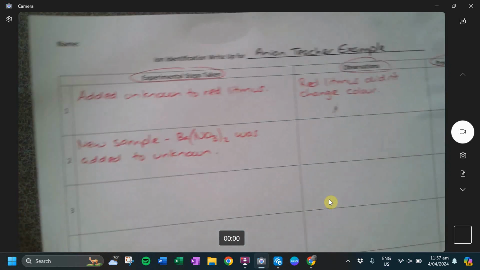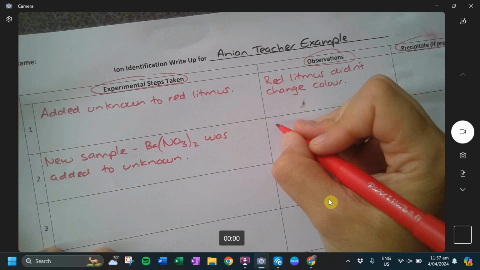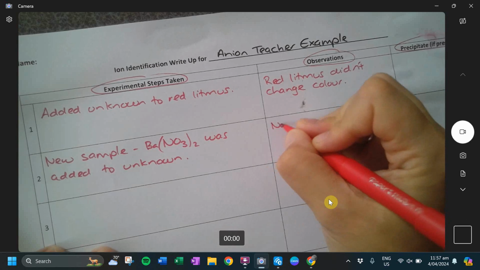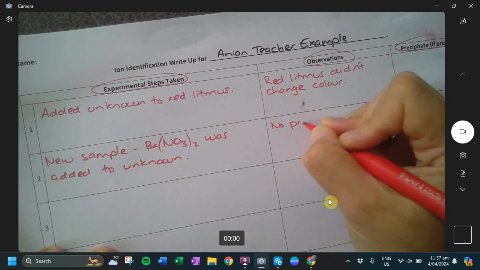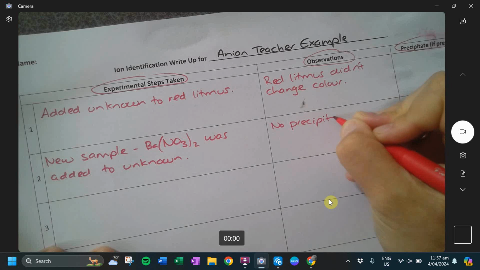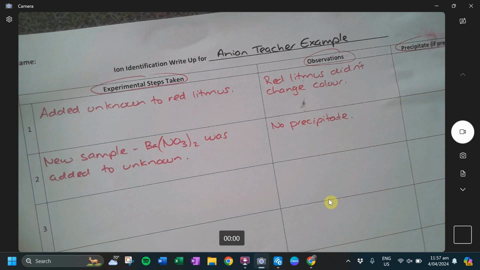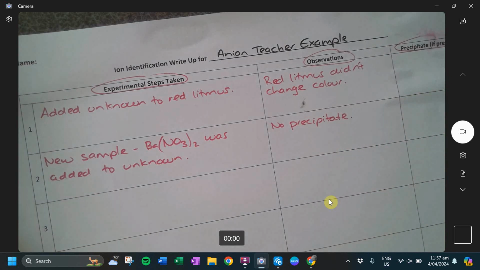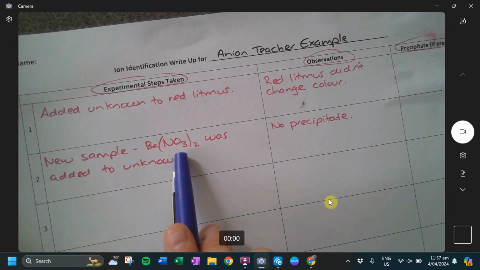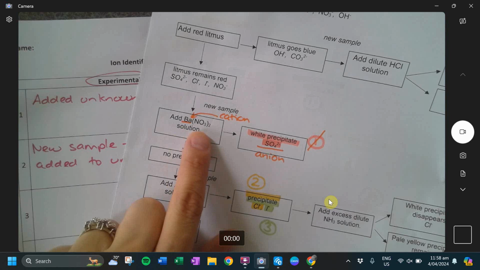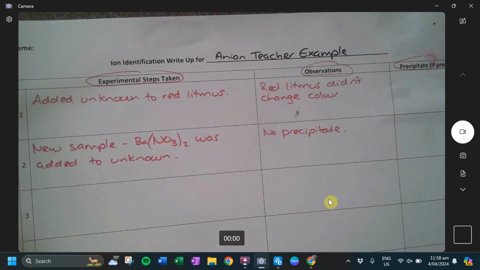Did we see any precipitate? No precipitate. And again, if you're not sure how to write this formula, remember it is on the flow chart. Ba(NO3)2 with the brackets.